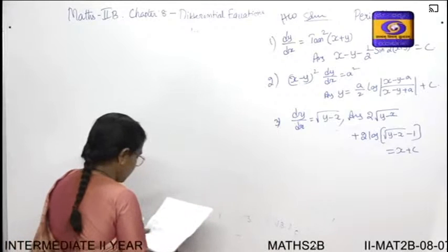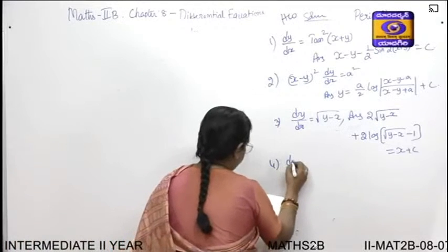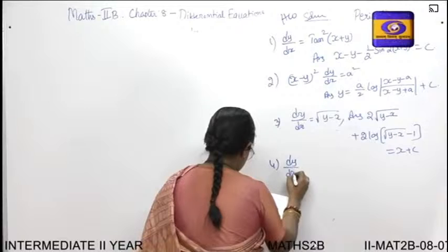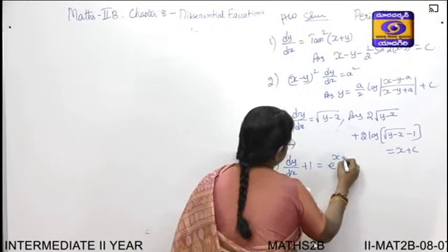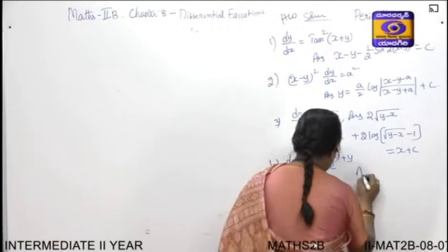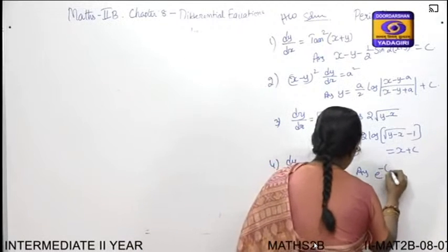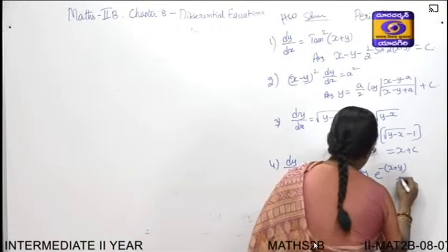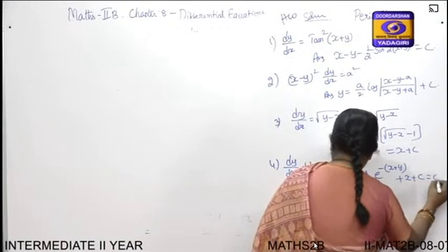Okay, next problem. dy by dx plus 1 is equal to e to the power x plus y. Here also you write the answer as e to the power minus of x plus y plus x plus c is equal to 0.